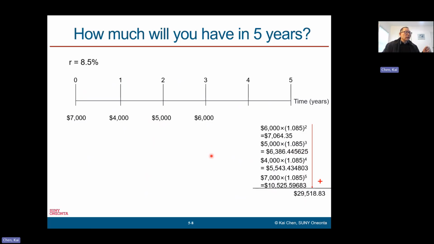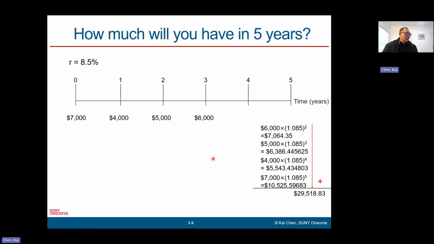We don't have to calculate the future value of each cash flow and then add them up. We can make use of the results from the first question and get the answer to the second question very quickly. How can we do that?